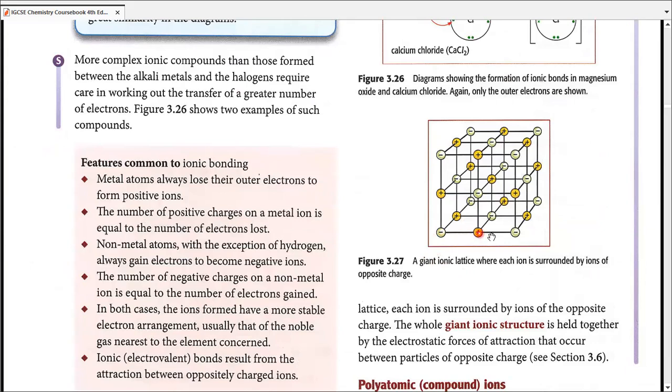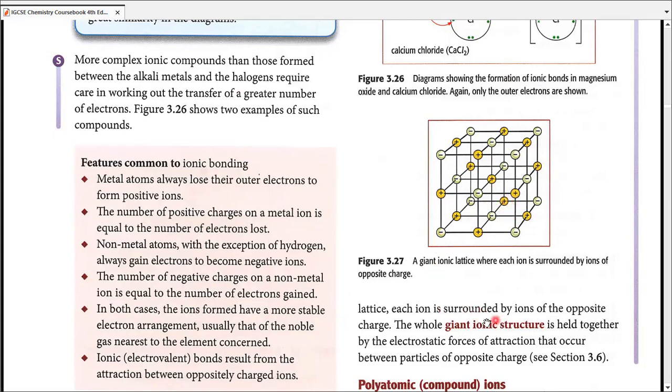You can see an ionic lattice. There are positive ions and the negative ions, and they are in an alternate arrangement so that every positive ion faces negative ions and every negative ion faces positive ions. This is a huge structure. Lattices are big. They extend in all 3 dimensions. So much so that it really depends upon the size of the particle itself.